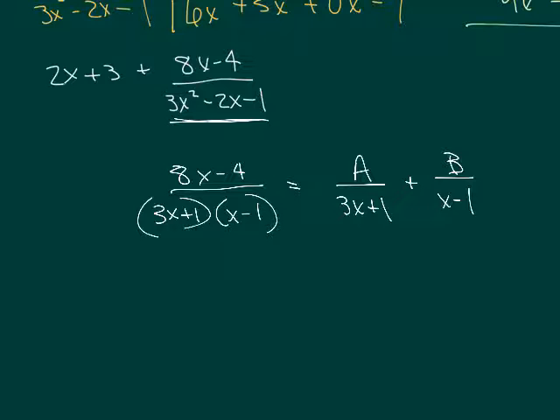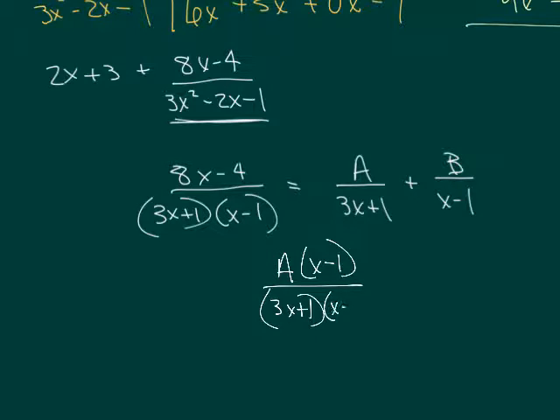Okay, then we go ahead and we do our, what am I missing here that I have here? So I'm going to have my A times x minus 1 over 3x plus 1 times x minus 1. And then my B, I'm going to do the same thing. I'm missing a 3x plus 1 here. So I put it on top and bottom.